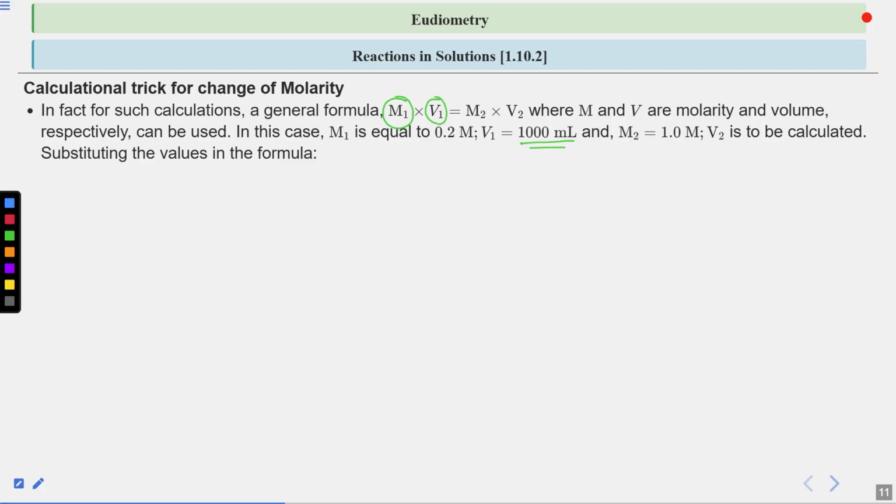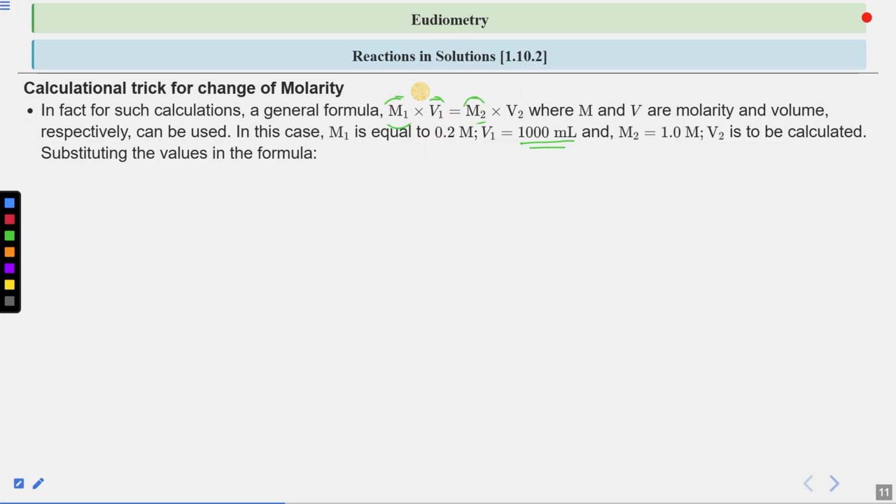The final molarity is 0.2. Then from here, you can get the volume that you need to add. So the question will be asked in this way: what volume of the solvent should you add to decrease the molarity from 1 molar to 0.2 molar.